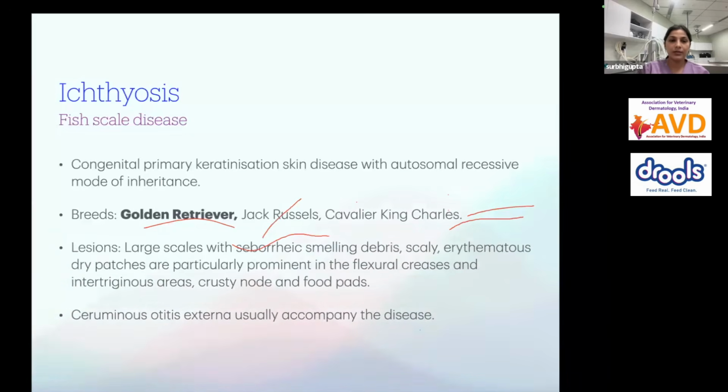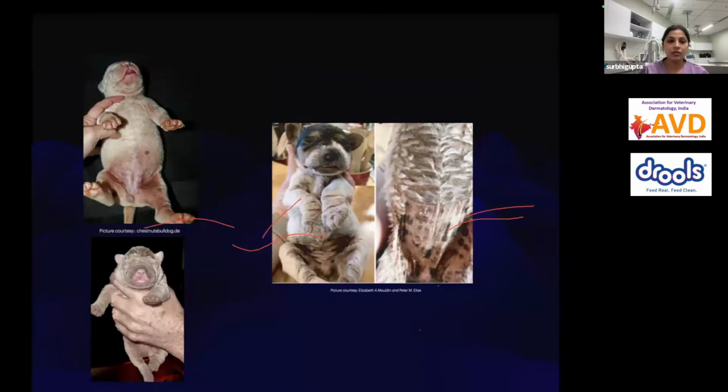Along with that, the ceruminous otitis and everything is there. These are textbook images because I have never seen this case. You can see these cases when the puppies are born. Some people claim that as the patient grows, it becomes more visible. But puppies have the problem, or sometimes only hyperpigmentation at the belly area, which slowly increases.